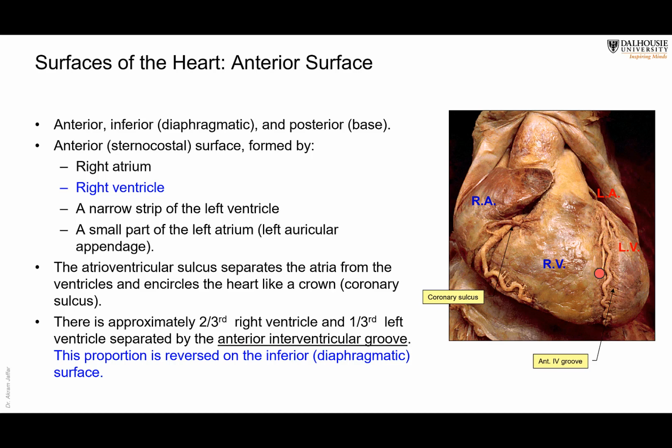It's called the anterior interventricular groove because it is on the anterior surface. And there's a very small area here, an auricle of the left atrium, that is shown. But the striking feature on the anterior surface of the anatomical heart is the right side, and the biggest chamber represented here is the right ventricle.